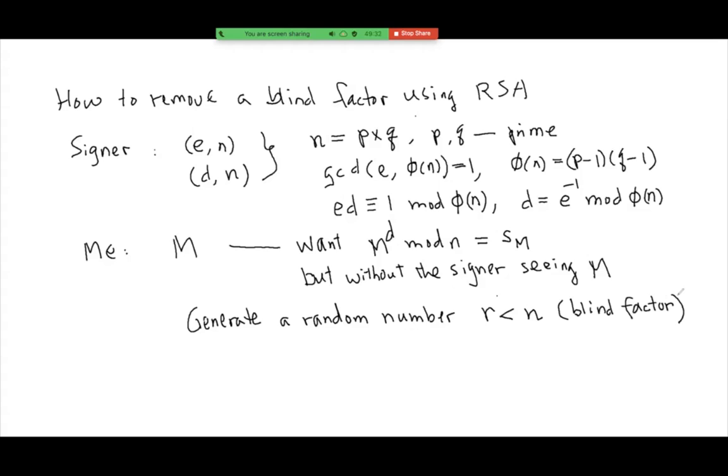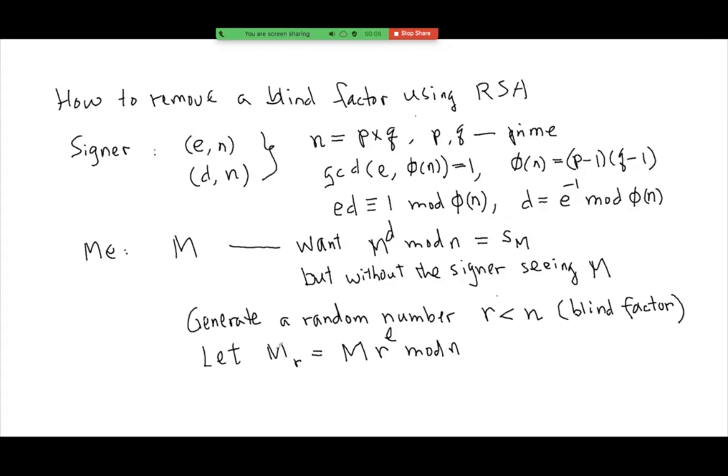So I want to hide M inside another message. So this other message is M sub R, which is equal to M times R to the E's power mod N. Okay, as you can see here, R to the E's power mod N is really an encryption of R using RSA.